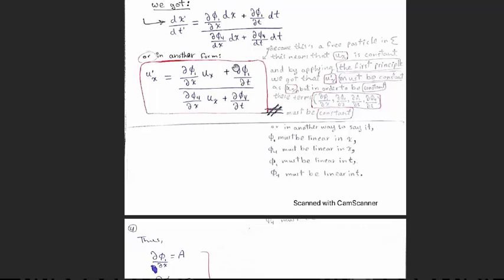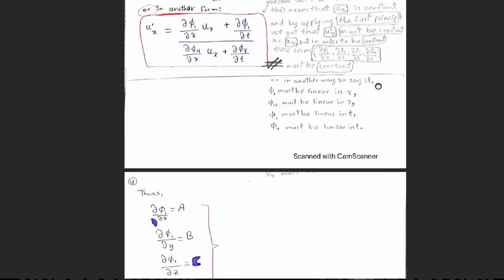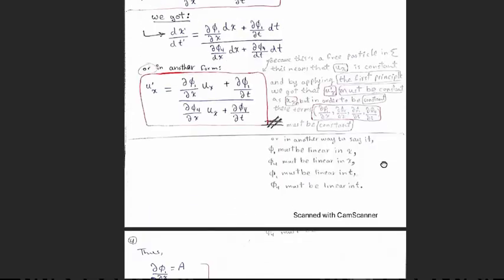Or in another way to say it, the function phi 1 must be linear in x, and phi 4 must be linear in x. Phi 1 must be linear in t, and phi 4 must be linear in t, in order to have this constant, and these are also constant.